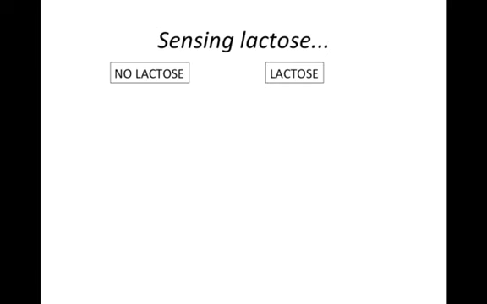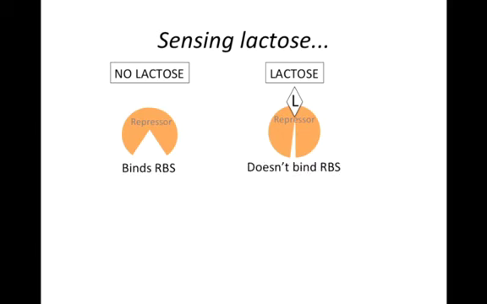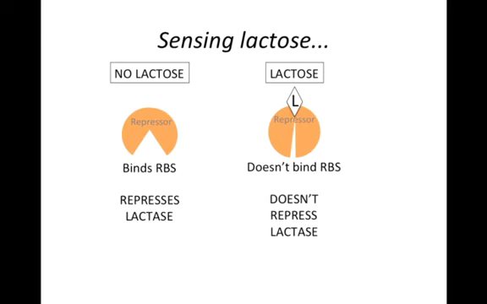And so then we can kind of work through how this works. In the absence of lactose on the left, we have a repressor with this open site for binding the RBS. But in the presence of lactose, the repressor undergoes a conformational change. So on the left, in the absence of lactose, it binds the RBS. On the right, it does not bind the RBS.